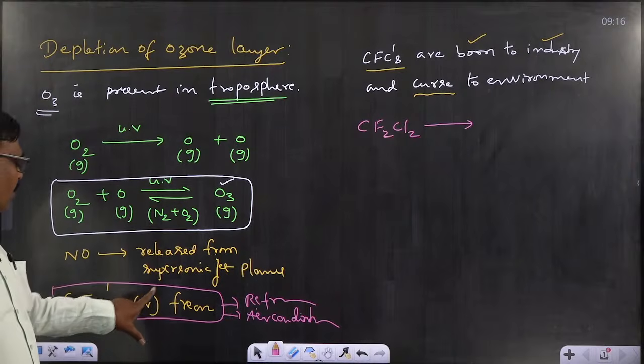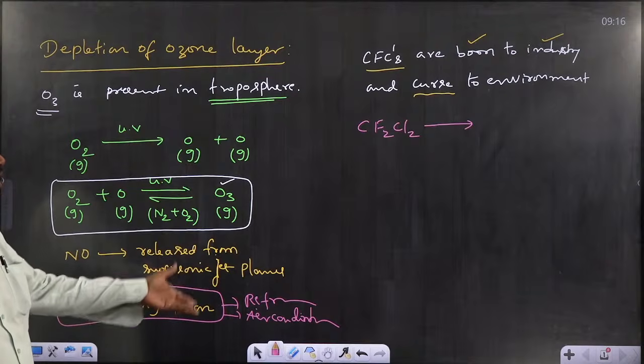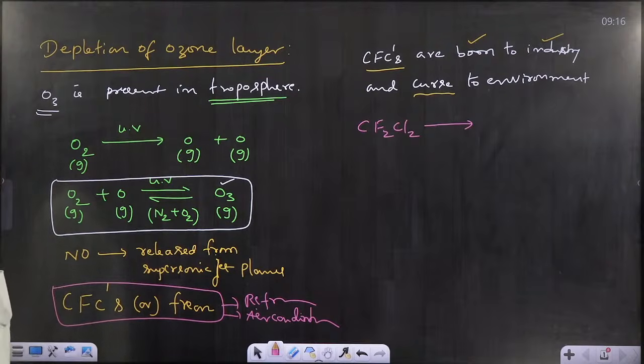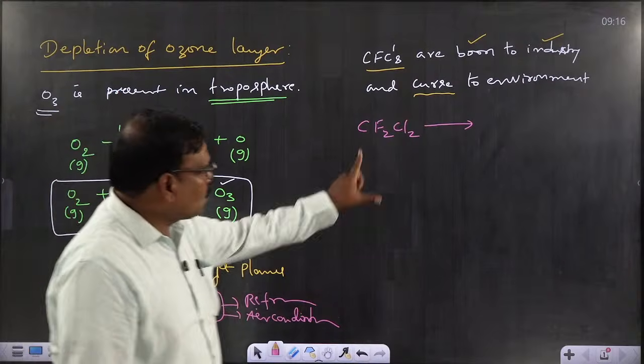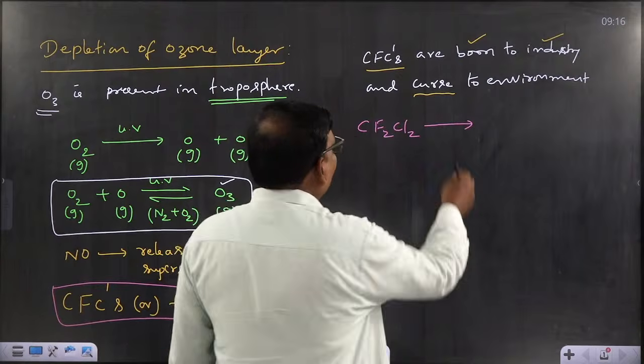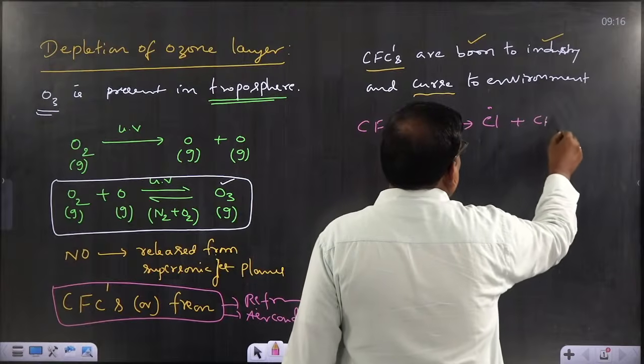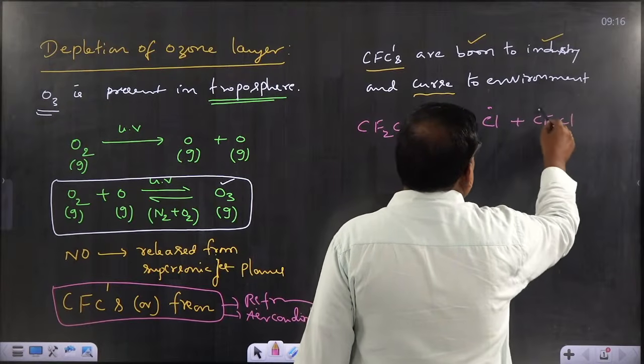Whenever they are released, due to their light weight they rise upward and reach the stratosphere. After reaching it, the chlorofluorocarbon will be split into a chlorine radical and a CF2Cl radical.